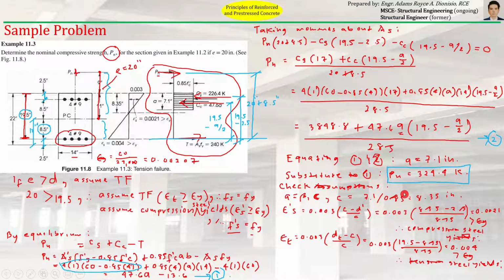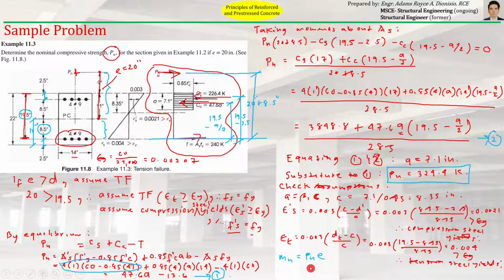Okay? Kung hinahanap din yung Mn, so assume lang natin hinahanap yung Mn. Basically, ang Mn is equal to Pn times e. Yan lang. So, yung Pn na to, multiply mo lang dun sa given e na 20 inches. That's it. That's the nominal moment capacity. Hinahanap yung ultimate, multiply mo lang sa phi yan.